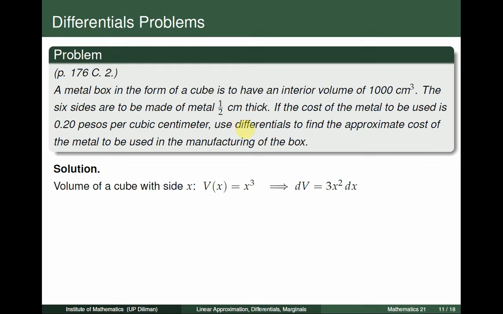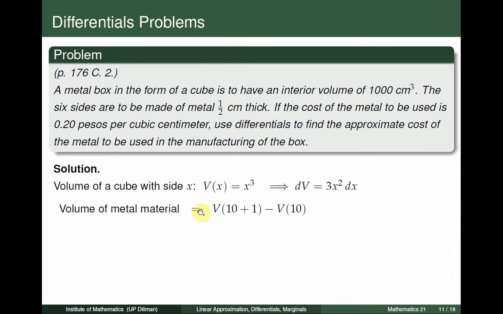So since each side will be 1/2 centimeter thick, how much will each side change? Imagine the cube. It will change by 2 times 1/2 or 1. So the volume of the metal material is, as I've said a while ago, the difference in the interior volume and the volume of the cube including the metal.